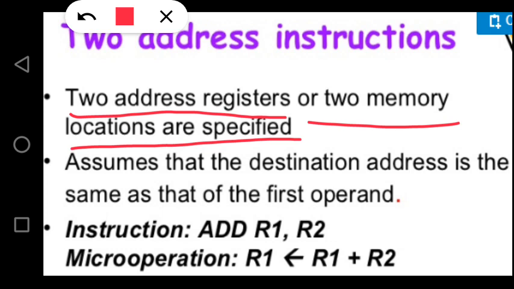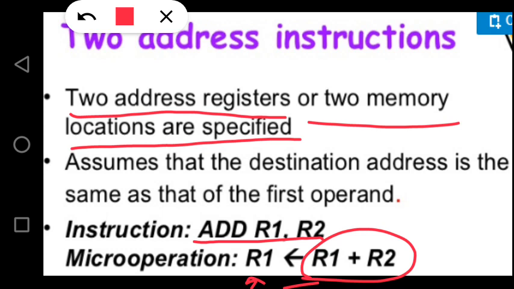So this is about two address instruction. This is a simple example. Add R1 comma R2. There is no R3 here. So R1 and R2 have to be added and the result has to be stored again in R1.